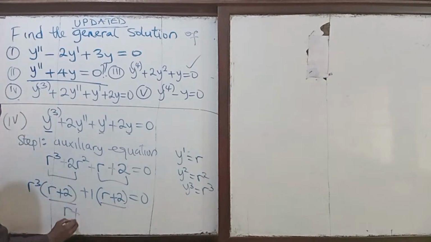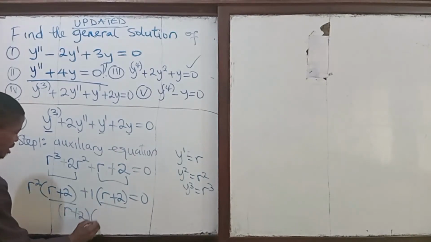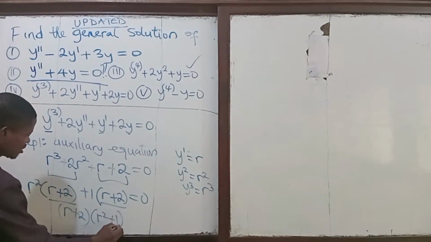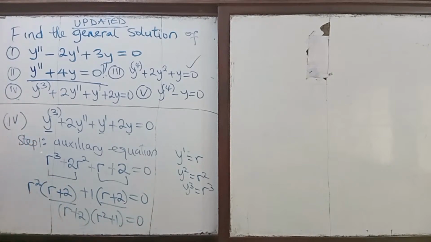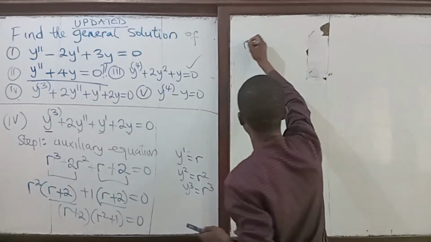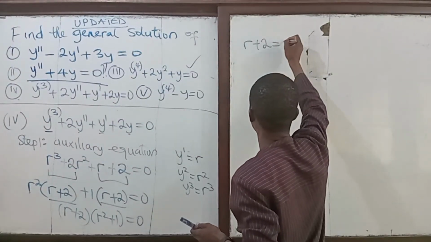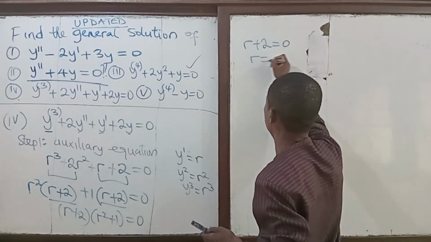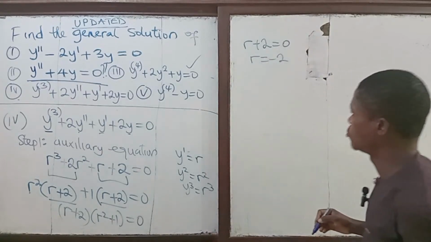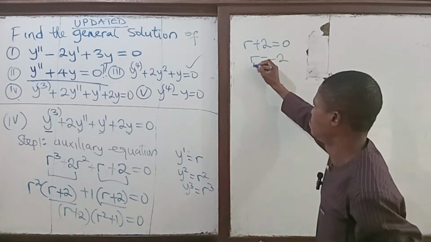You pick one of that times the one beside it, so r squared plus 1 equal to 0. The meaning of this is that r plus 2 is equal to 0, so r is minus 2. I can call it r1.